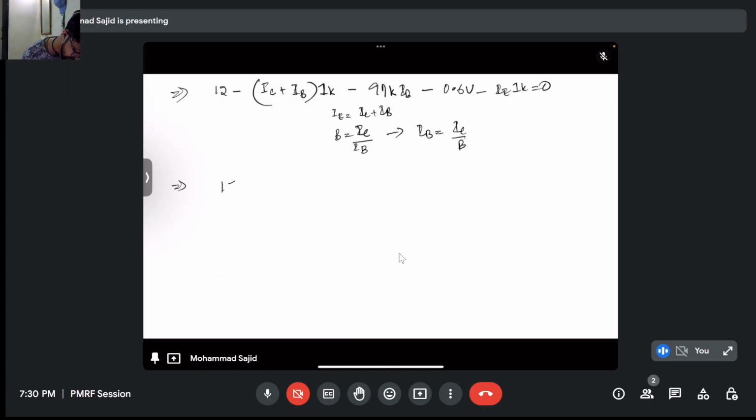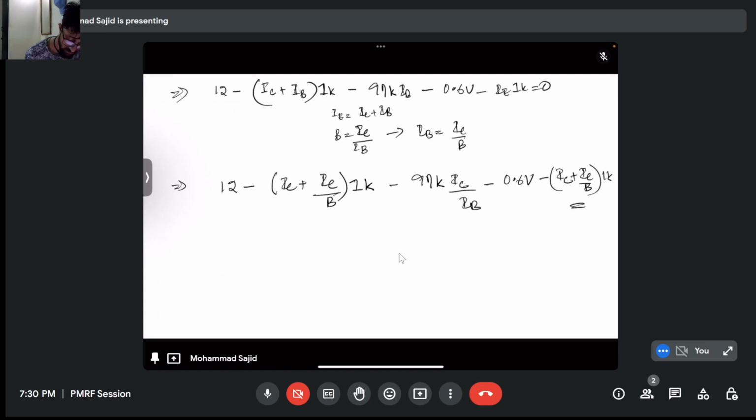We can write it as minus IC plus IC by beta times 1k, minus 97k IB, replace IB by IC by beta, minus 0.6 volt, minus IE, which is IC plus IB, times 1k equal to 0.